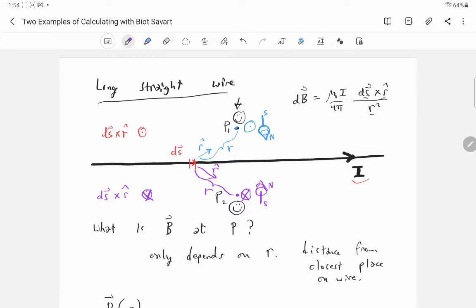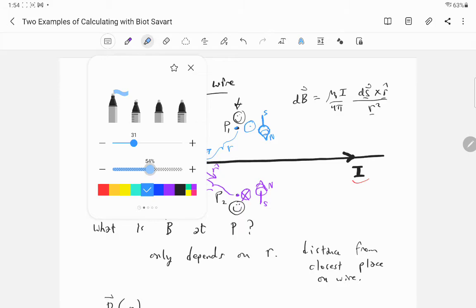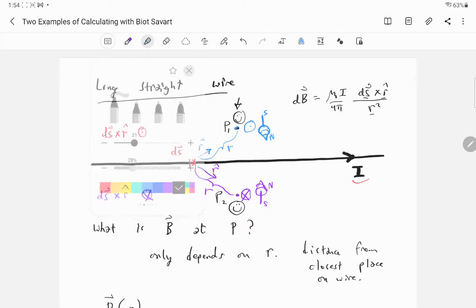And this is sort of hard to depict, but what if I also had another person? Let me draw this person sort of vaguely. They are sitting kind of out from the screen. This is their head, the back of their head actually. And if they do their ds cross r hat stuff, they find that their magnetic field points down.